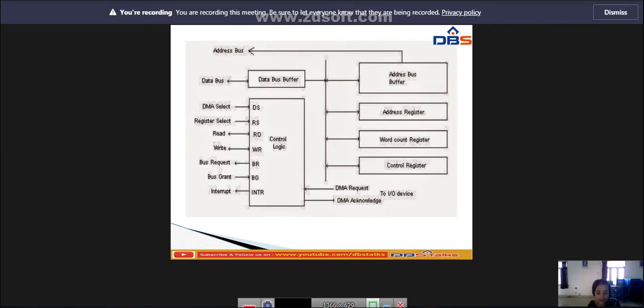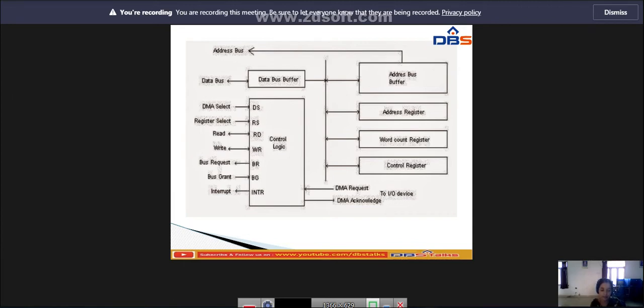At the start I have the starting address of the memory block where the data are available for read and write.